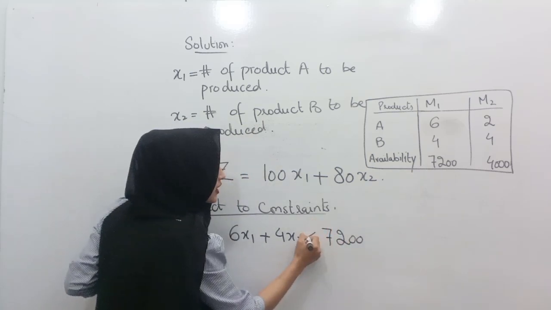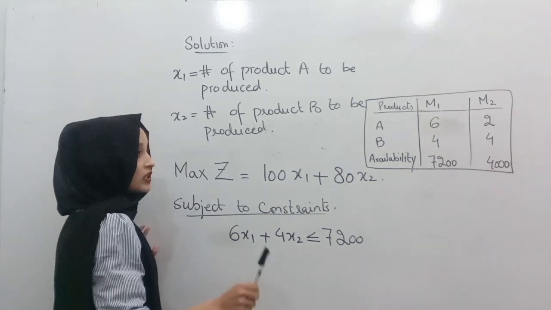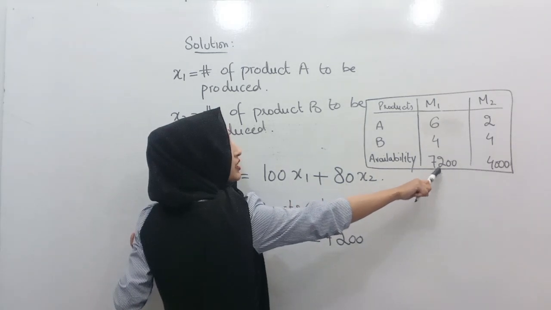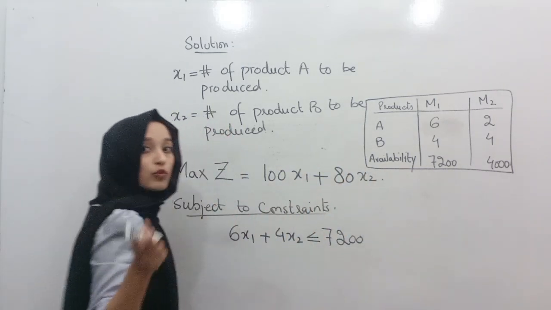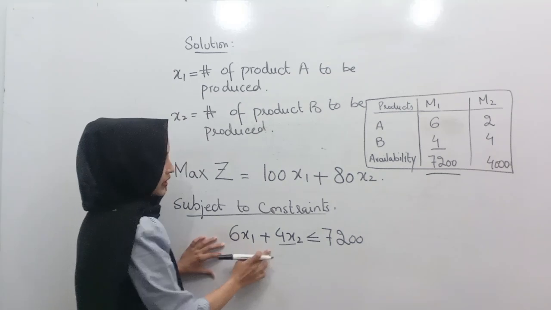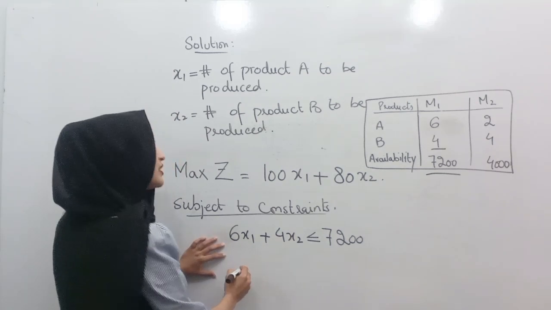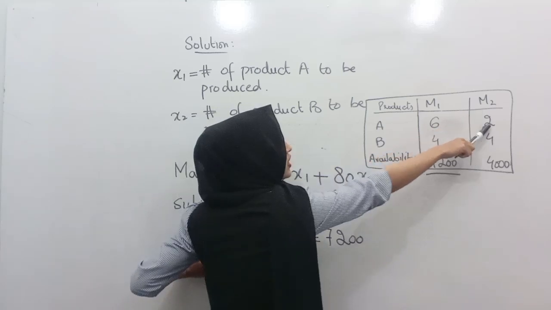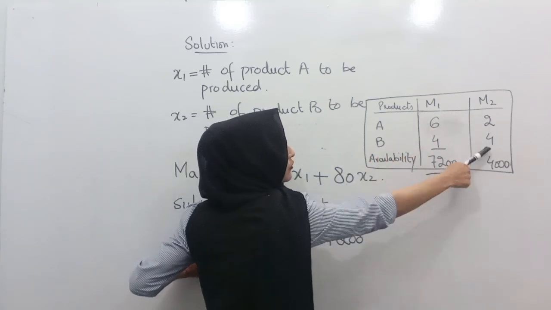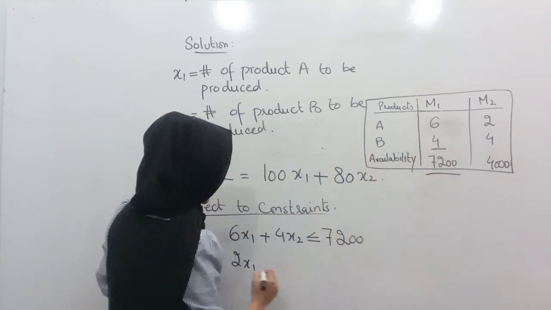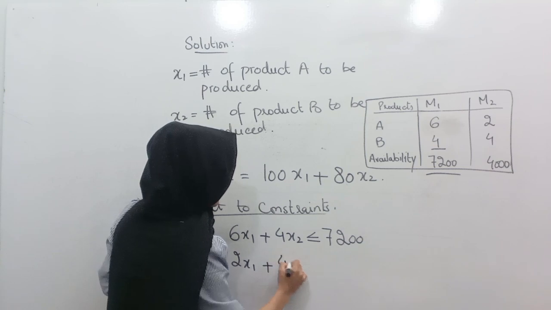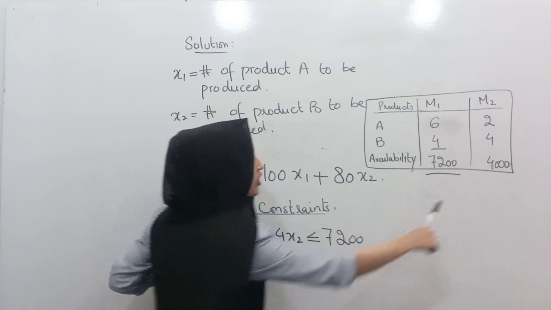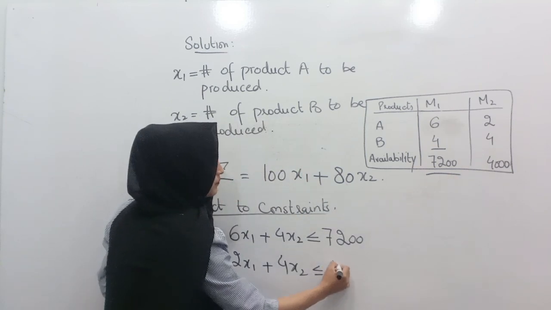We will use a less than equals to sign because we can use the machine less than that, not more than that. Similarly, we write 2x1 as machine 2 takes 2 hours per unit for product A and 4 hours per unit for product B, and its availability is 4000.